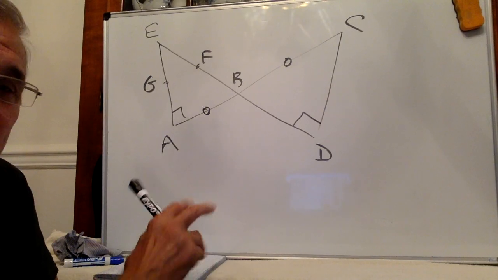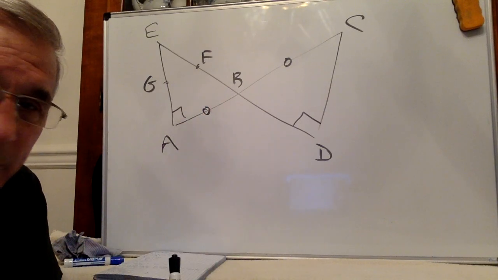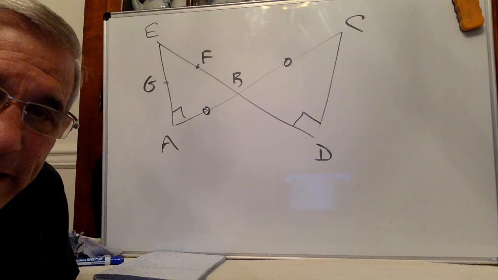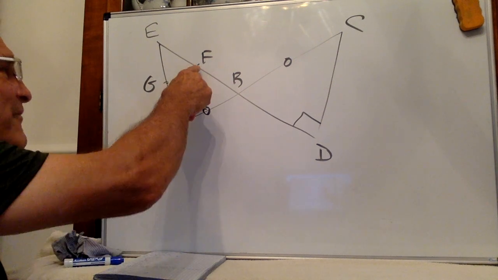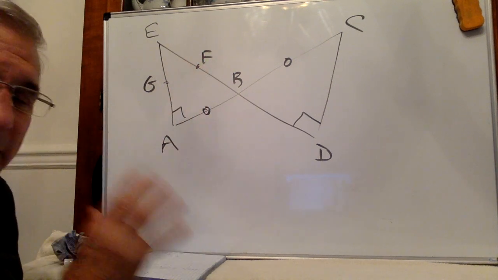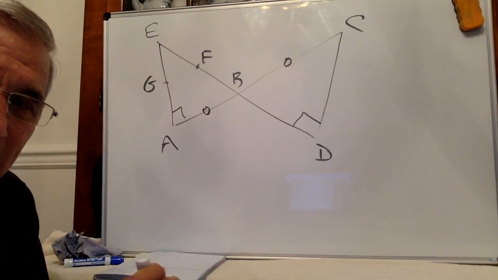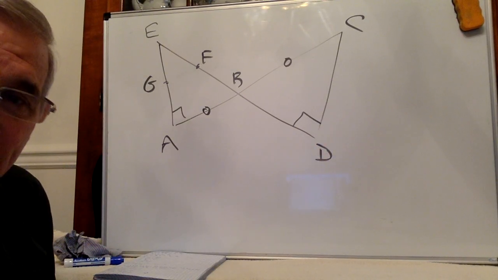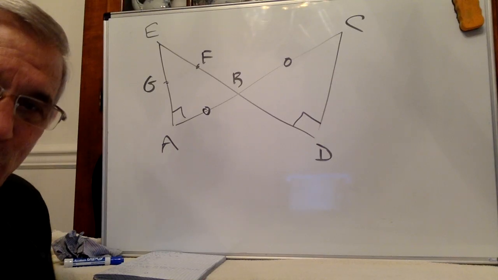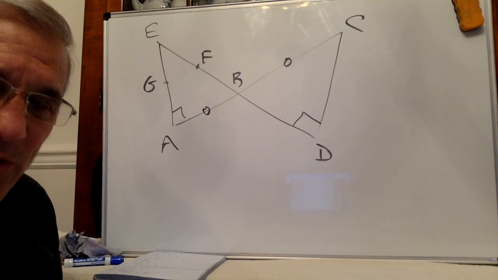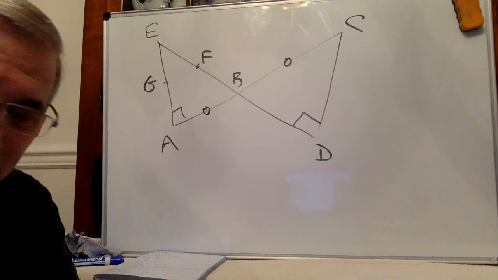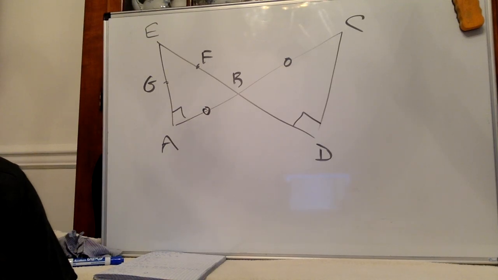As a matter of fact, you can pick any 2 points on this figure and say that they are collinear. Like I can say A and F are collinear. Even though they're not connected, it doesn't matter. It just means, would it be possible to draw a line or line segment that those 2 points lie on? And the answer is always yes. 2 points determine a line always.